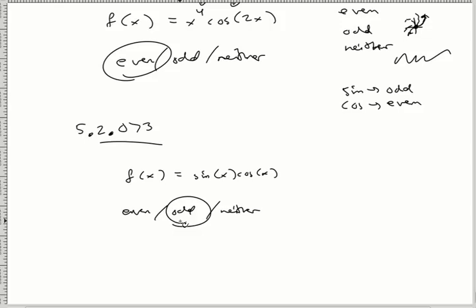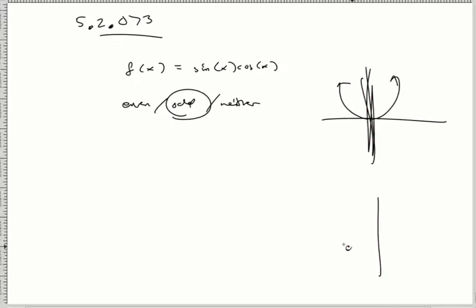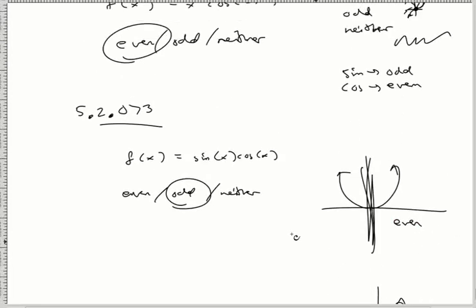If you're in doubt, I would graph it and see, is this symmetric about the y-axis? That would be even. Is it symmetric about the origin? Something kind of like this. That'd be odd. I can't tell you immediately why this is odd, or even if it's correct. It says odd. I'm going to keep it.